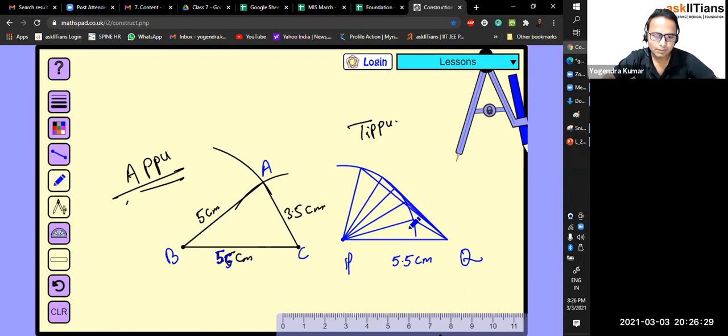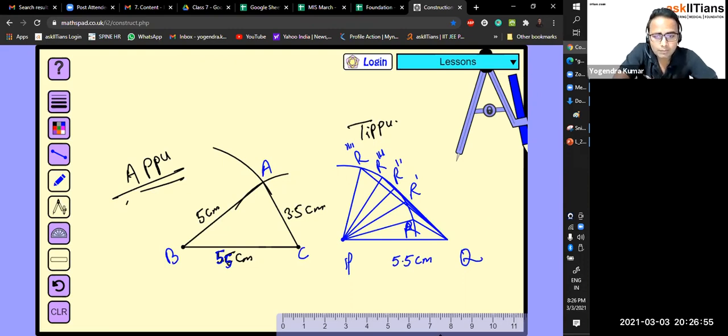Again, this could be R, it could be R dash, R double dash, R triple dash, R four times dash. Like that it is. So many triangles are possible, but which one is congruent? So what is happening here? Can you understand, guys?